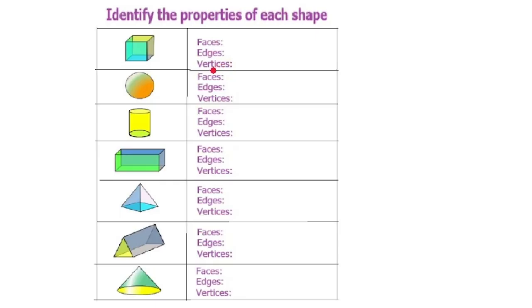A vertice is where a point comes together. So a point comes together here and a point comes together here, and you need to count how many of those points there are in each of these objects. The edges are just edges, right? Just as you think of normal edge, you just have to count how many edges this thing has.